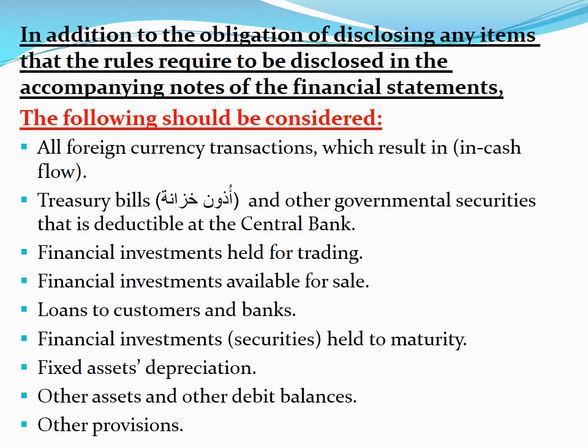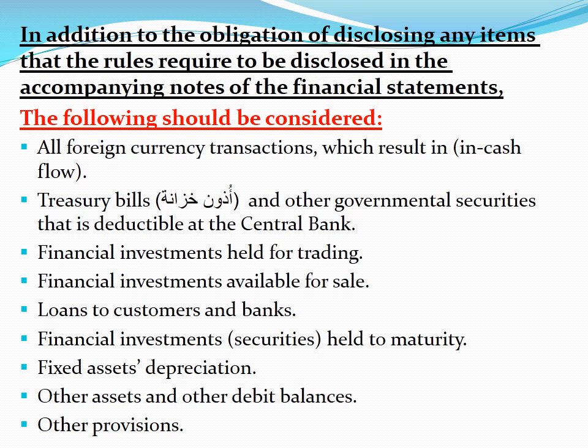Treasury bills, that is أذون الخزانة, and other governmental securities should be considered. That is deductible at the central bank, that we can discount at the central bank.